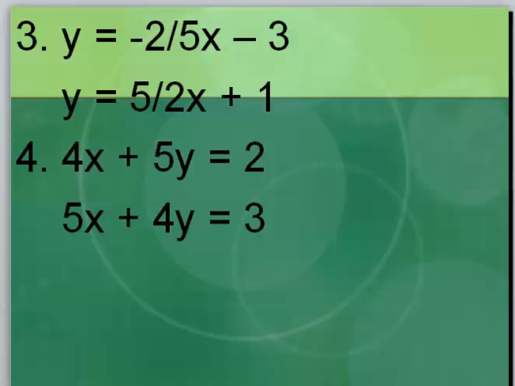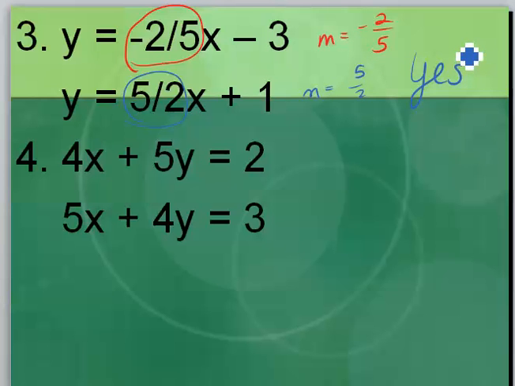So my slope for that line, this is still y equals mx plus b, slope-intercept form. So the slope is -2/5. The slope of the second line in the same form is 5 over 2. Because one is positive, one is negative, and they are reciprocals, yes, these are perpendicular.